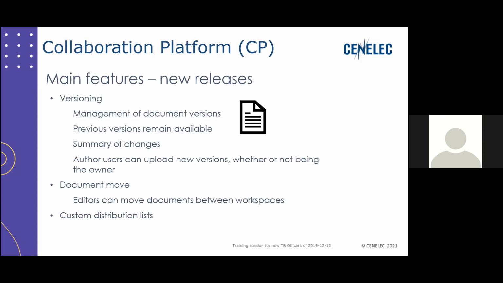Another feature is the document move: editors can move documents between different workspaces. And the last main feature is custom distribution lists, where you can create a custom distribution list.